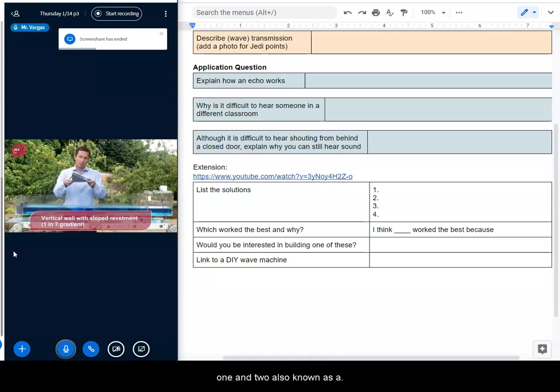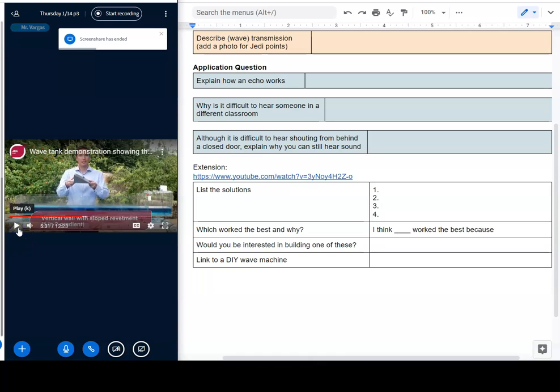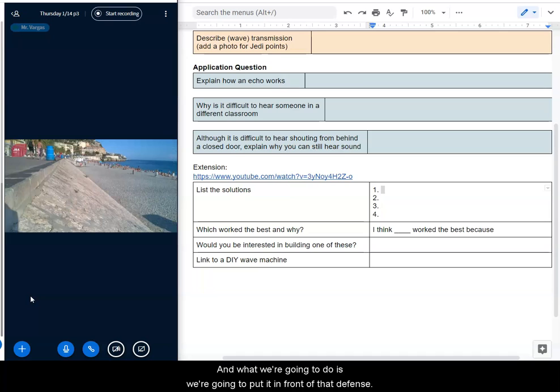Now this is about a 1 in 2, also known as a dike. And what we're going to do is we're going to put it in front of our defence.